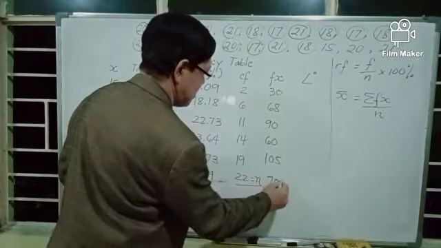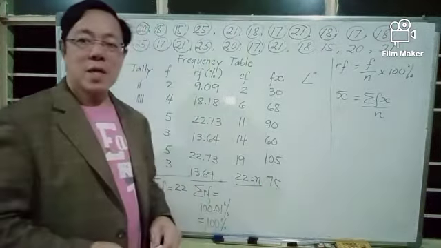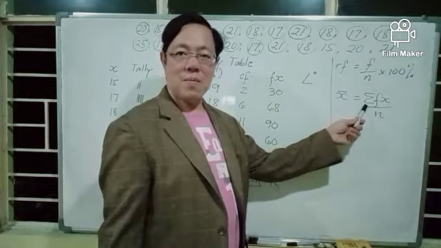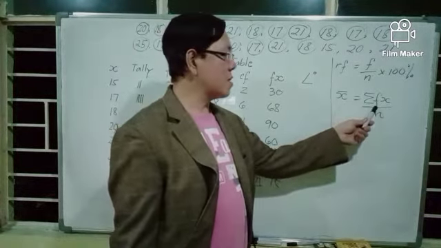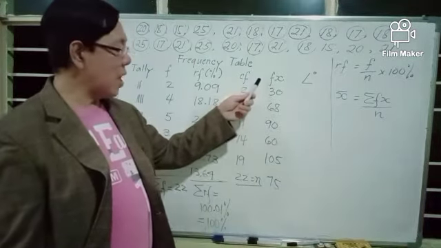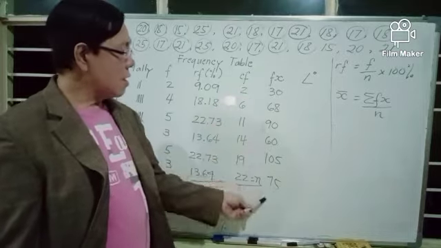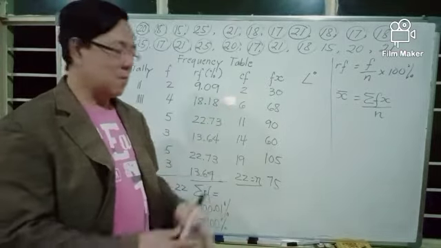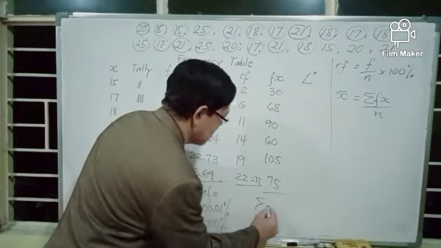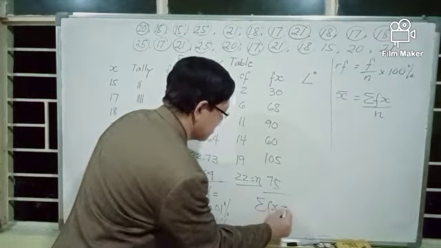After you get the products fx, you now get the summation of these products. To get the summation from the table, we add the entries in the fx column, and we denote the sum as summation of fx.